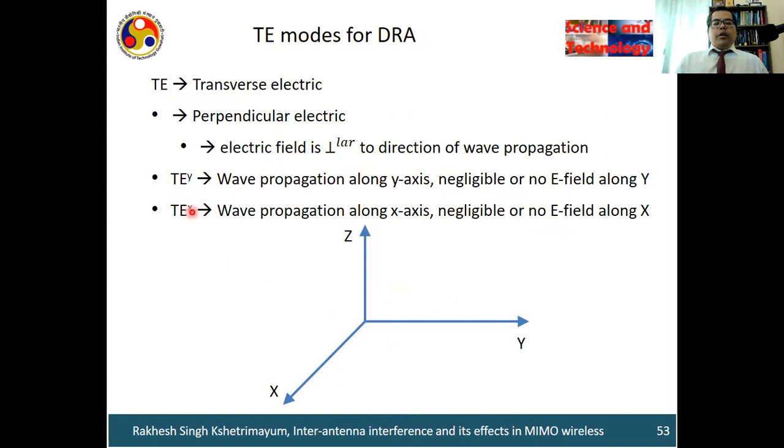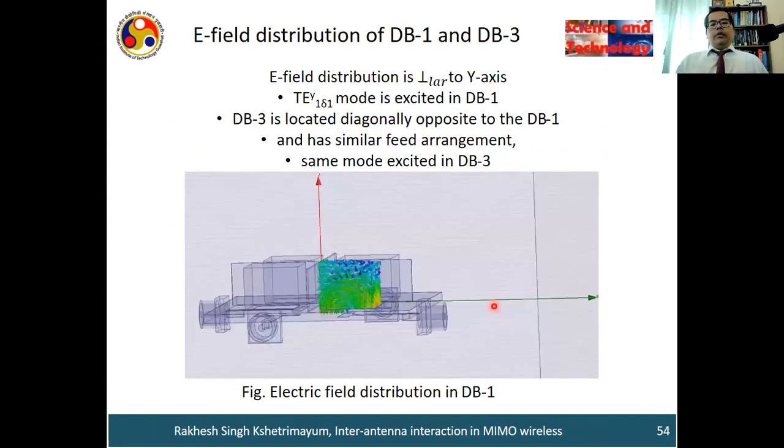TEX means fields are propagating along the x direction, then your field will be confined in the YZ plane. That's what this diagram will show. For TEY, the field is propagating along the y direction, but your field will be confined in the XZ plane. Similarly, for TEX, your field is propagating along the x direction, but the field will be confined in the ZY plane. Let us look at the field pattern.